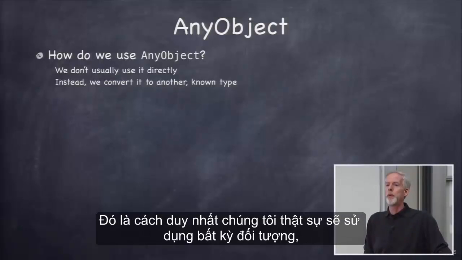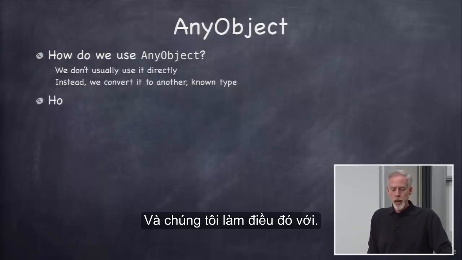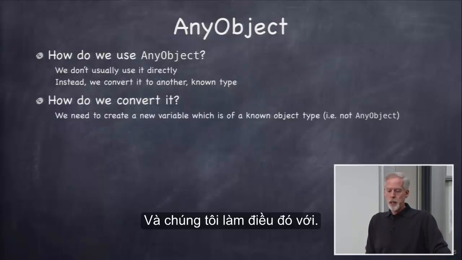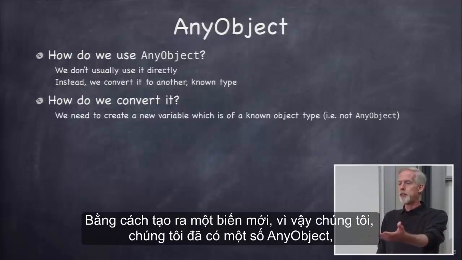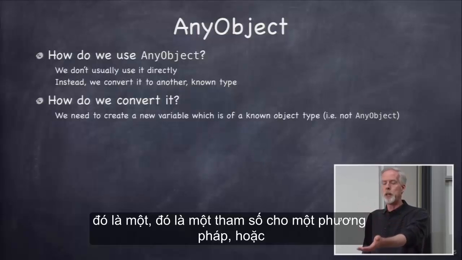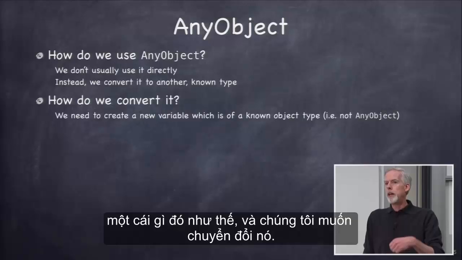That's the only way we're really going to use AnyObject: to convert it to some class that we do know. And we do that by creating a new variable. So we've got some AnyObject. It was an argument to a method, or it's a local variable, or something like that, and we want to convert it.